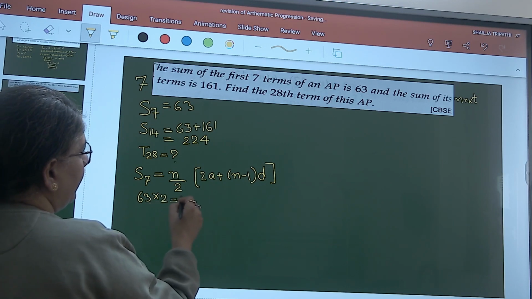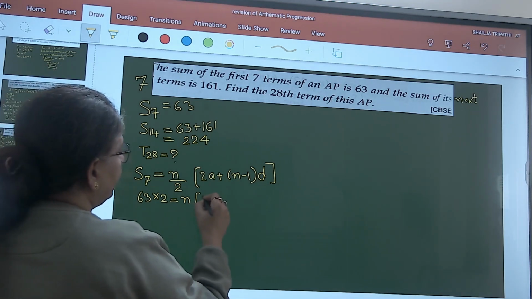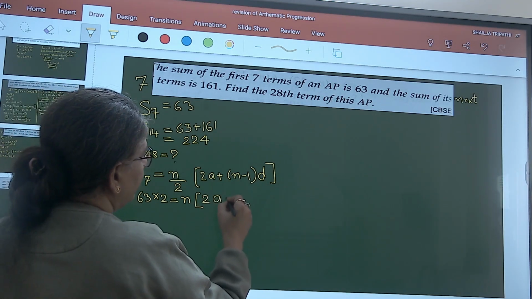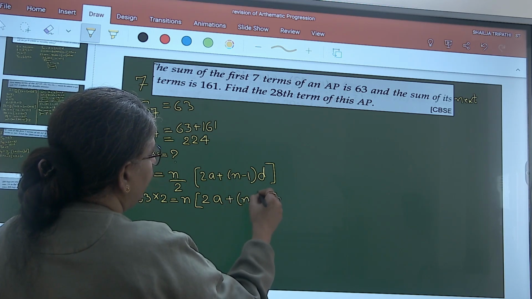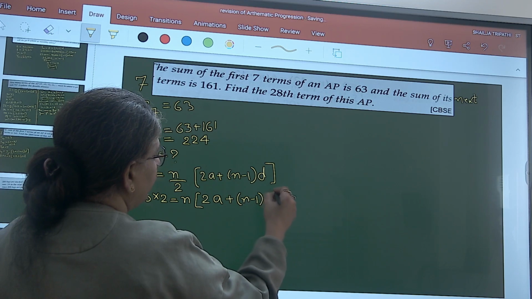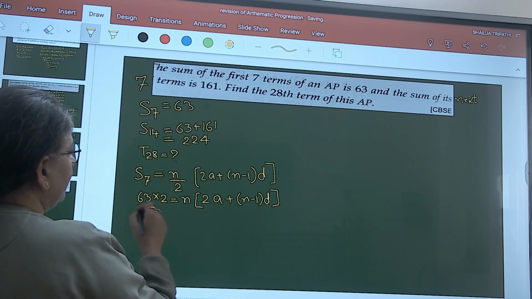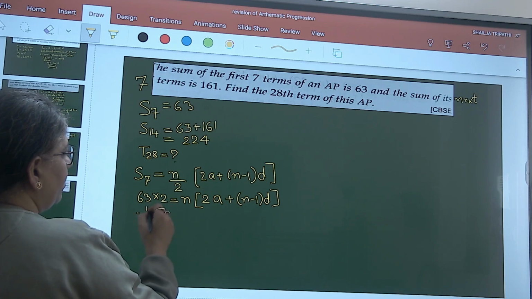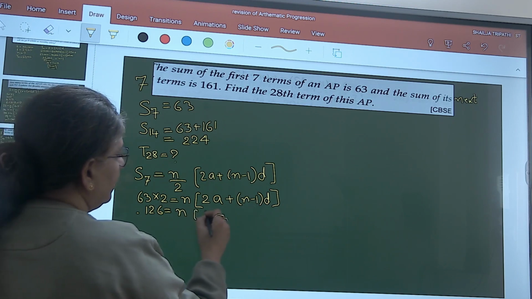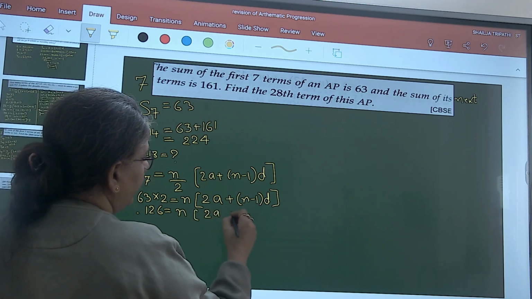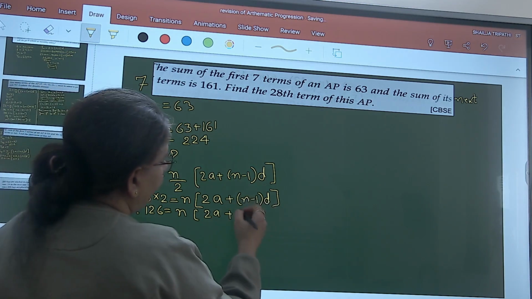So 3 2s are 6, that is 126 is equal to n into 2a plus n minus 1 d. Since n is 7, we'll write 6d.